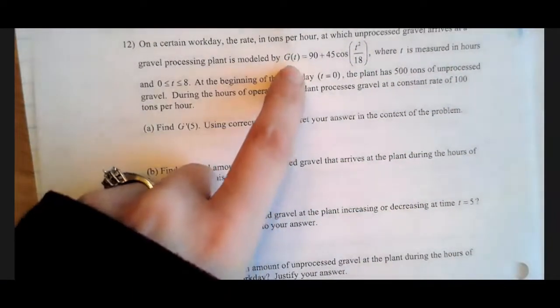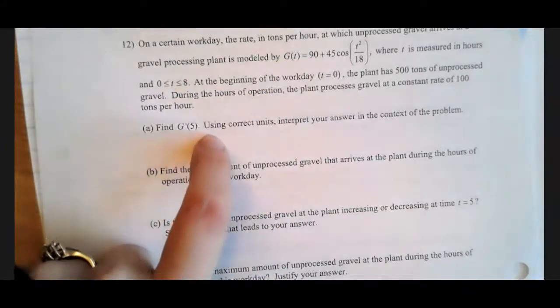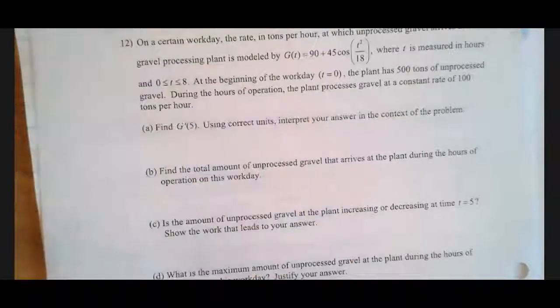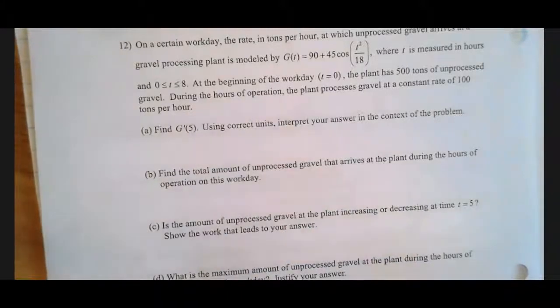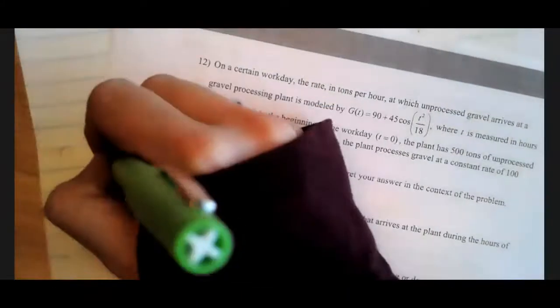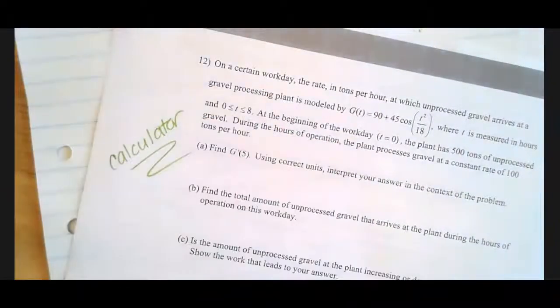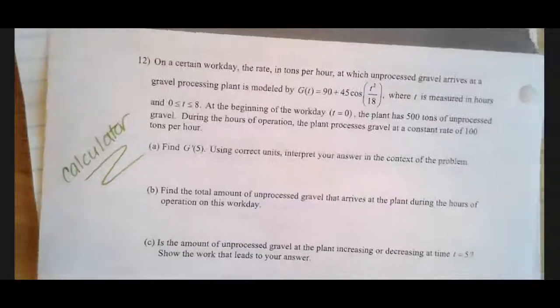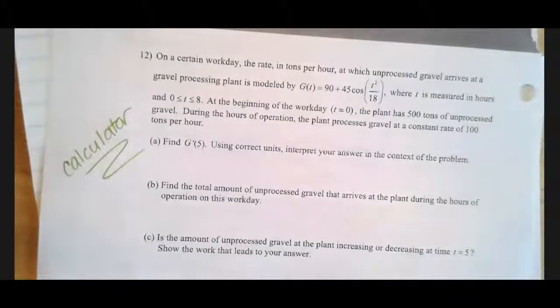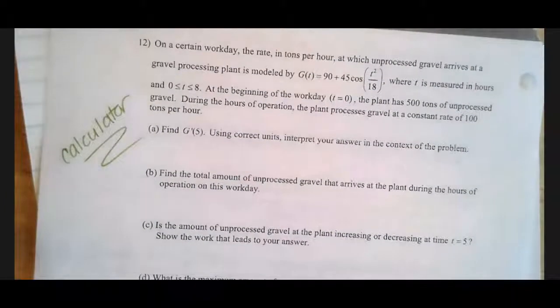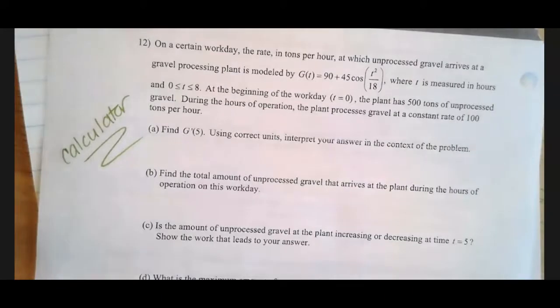If that's g, then you take its derivative, and this is 100% a calculator question. So please make sure on number 12 you use a calculator, and put your g function into your y1. Once you do that, everything is really similar to what we've been doing.